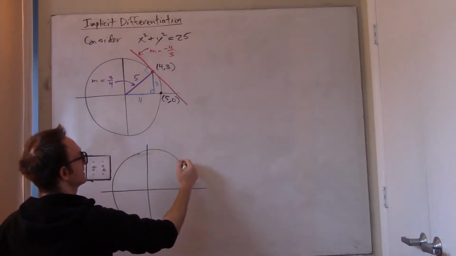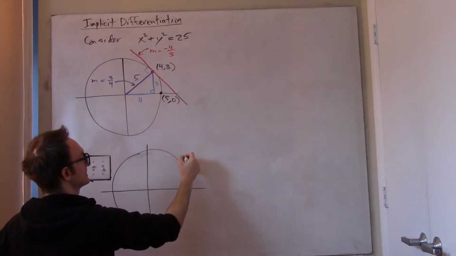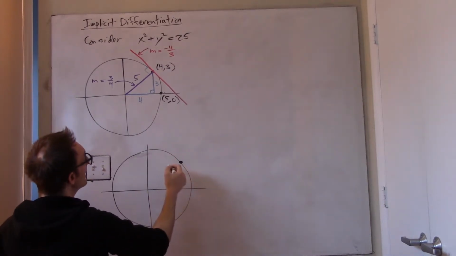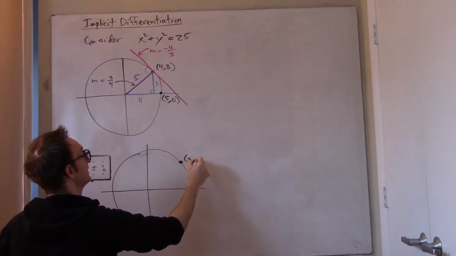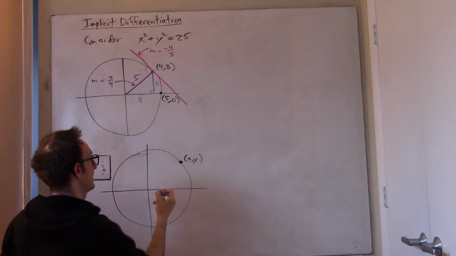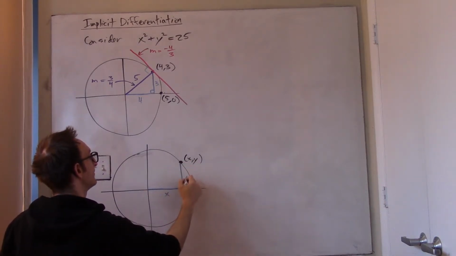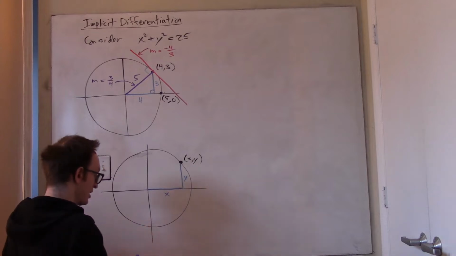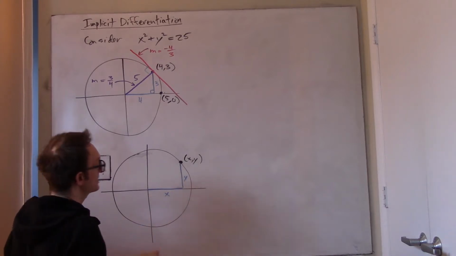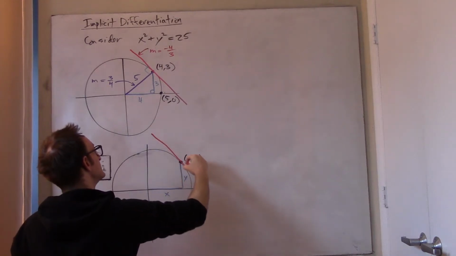I now basically have the same picture, but now instead of calling this point 4, 3, let's call it x, y. And well, it's the same thing. I go over x, up y, and so there's a tangent line here, and well, what's the slope of the tangent line?